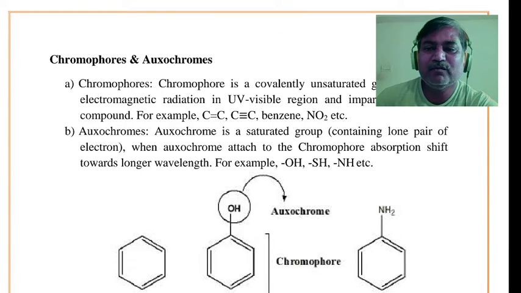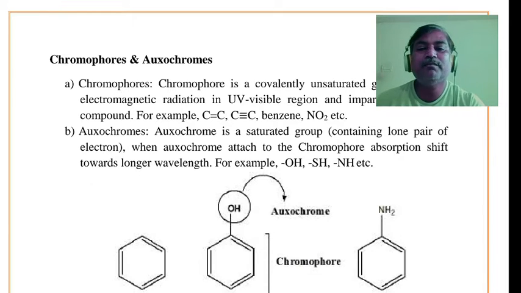That is, chromo means color, phore means bearing group, color bearing group. Those compounds are capable of absorbing light radiation, and whenever these light radiations are absorbed, they show some absorbance lambda max value. They are active towards UV light radiations.